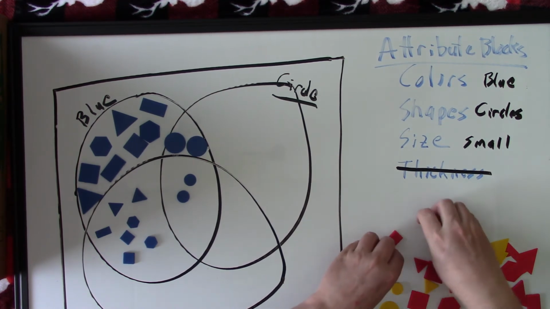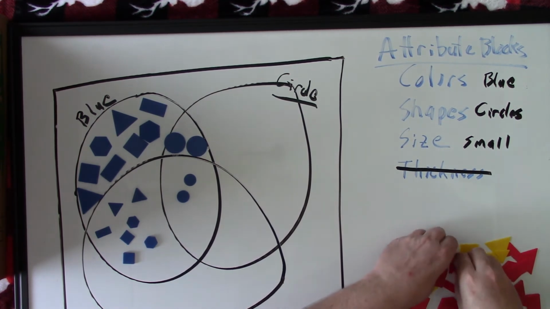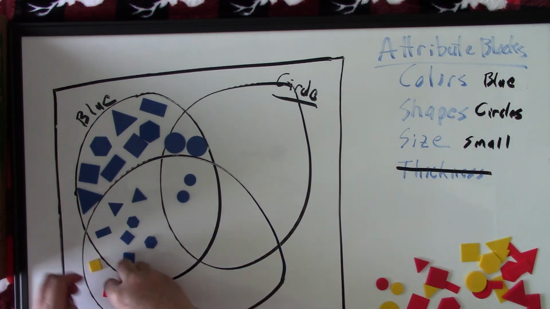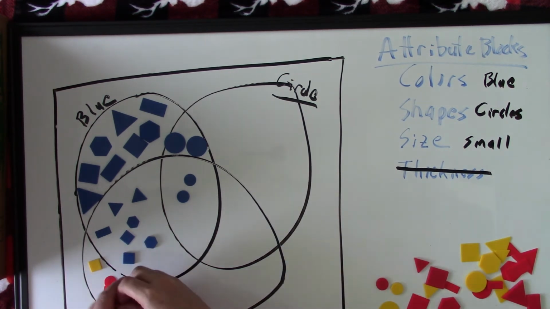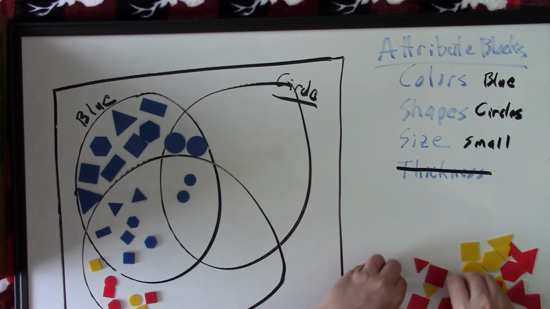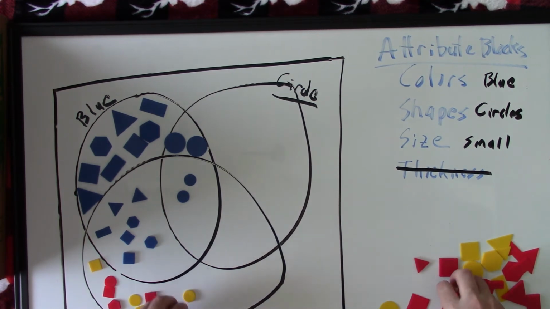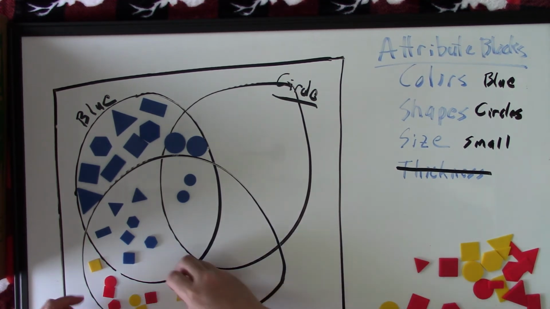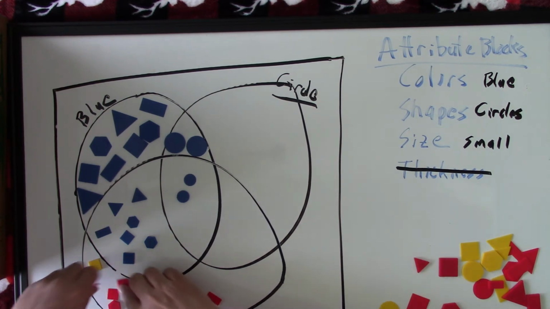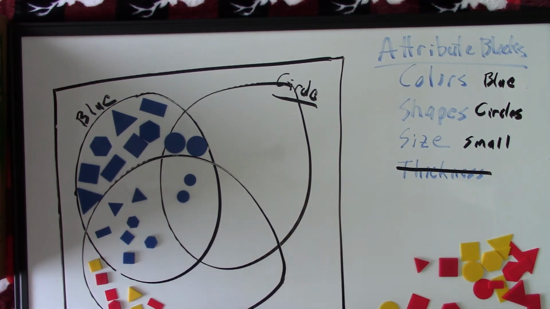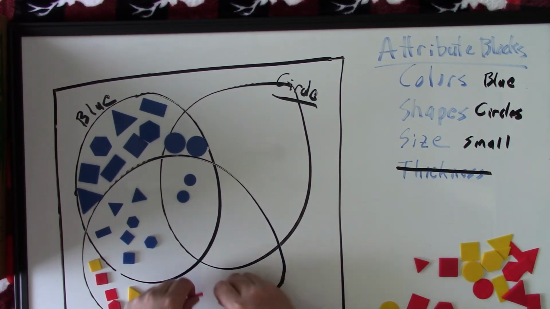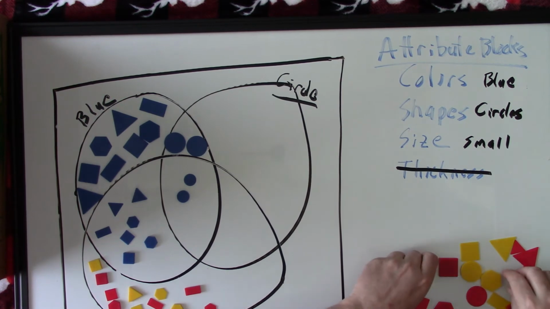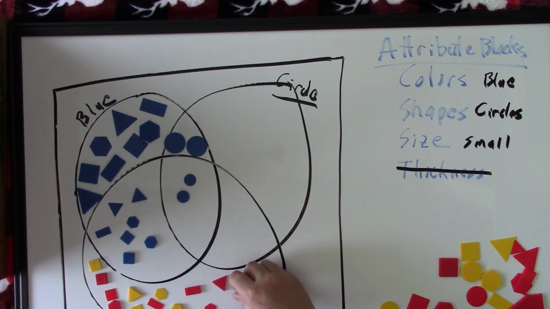So now I can get the rest of my shapes and say, okay, these are small, but they're not blue. Oops, I have to put my circles aside. So they're not blue, and they're not circles. So these are all the blues that are not circles.